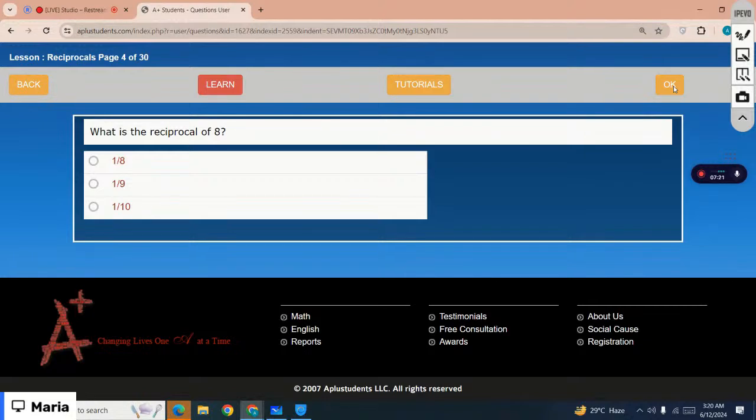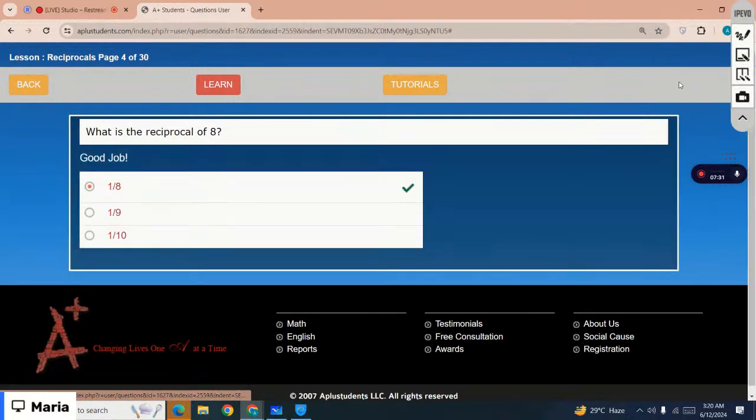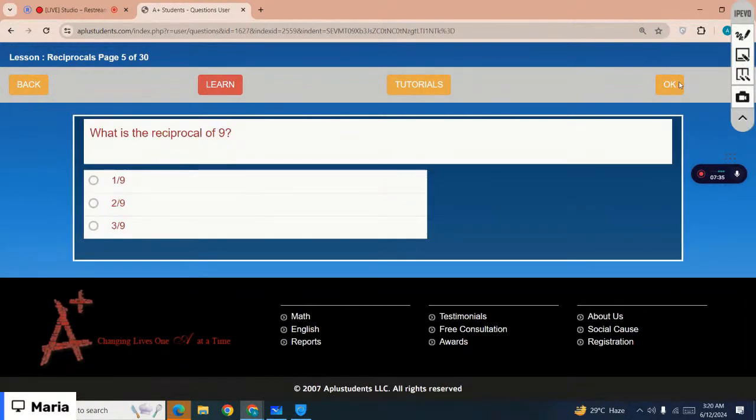What is the reciprocal of 8, which is the correct option? 1 by 8. Option number 1 is the correct option. What is the reciprocal of 9?